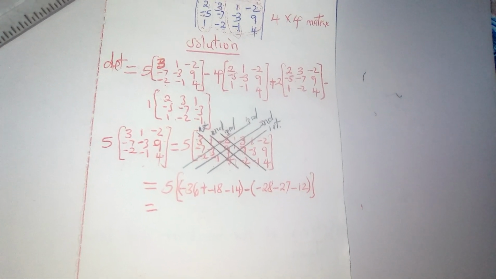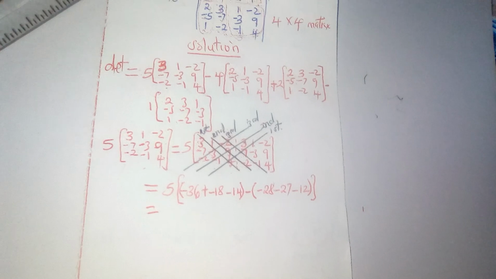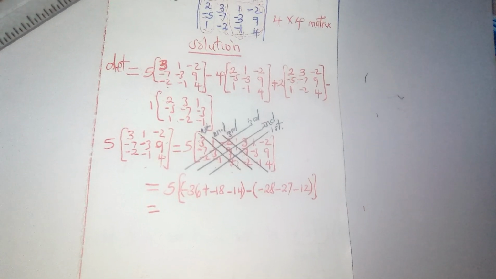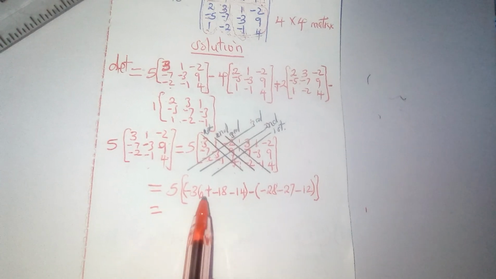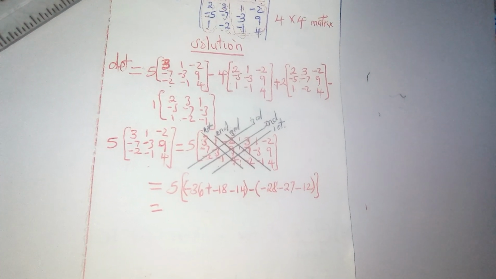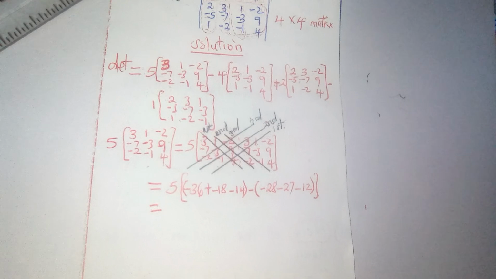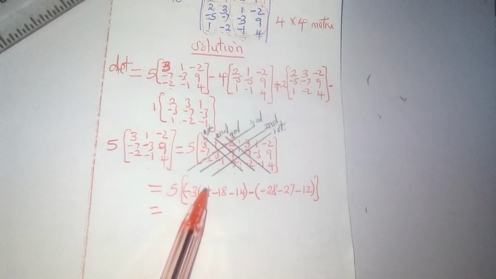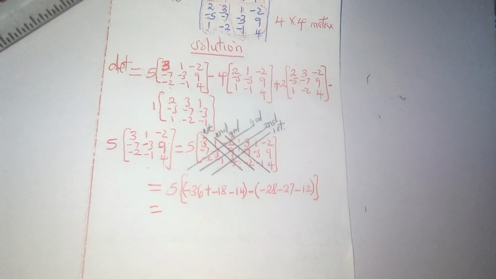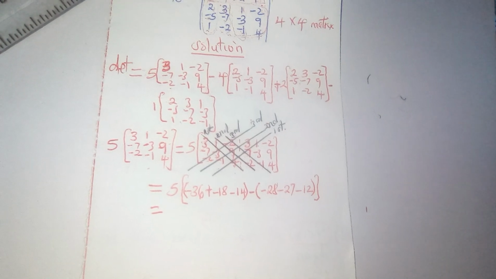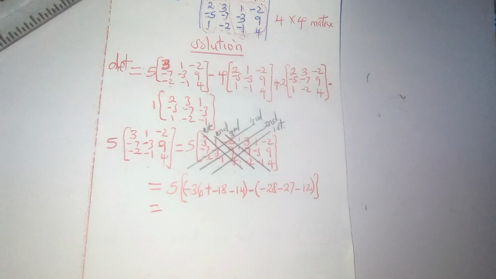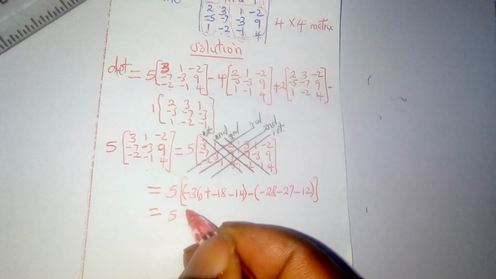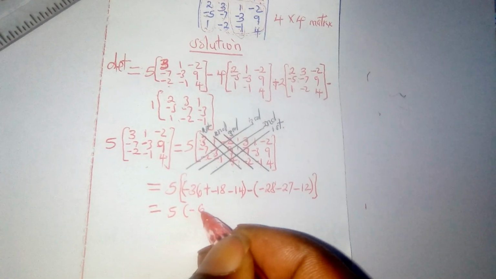So from there, you can even use your calculator, display everything on your calculator, then get the answer. So when I solve this one, negative 36 minus 18, because negative outweighs this positive here, then I have minus 14, I'll be having negative 68, so I'll be having 5 into that is negative 68.